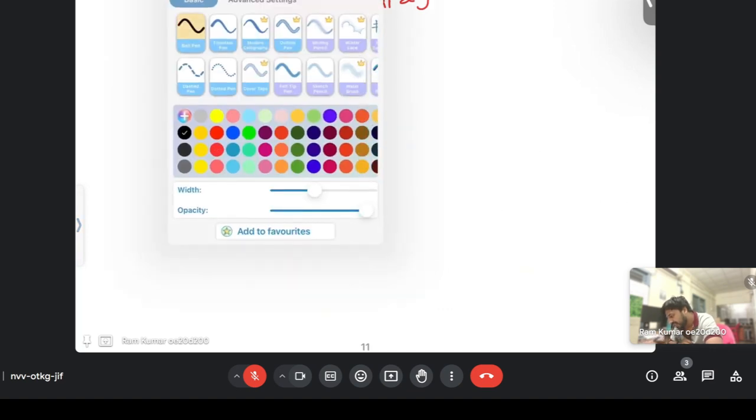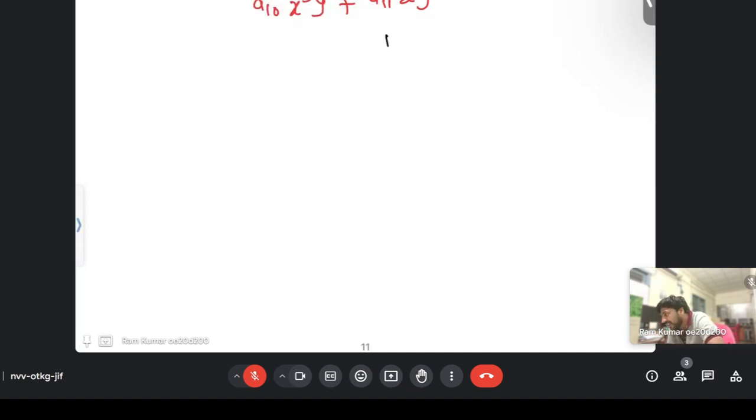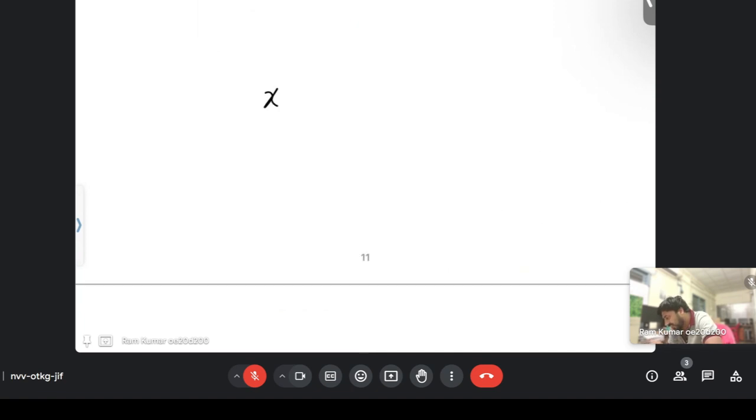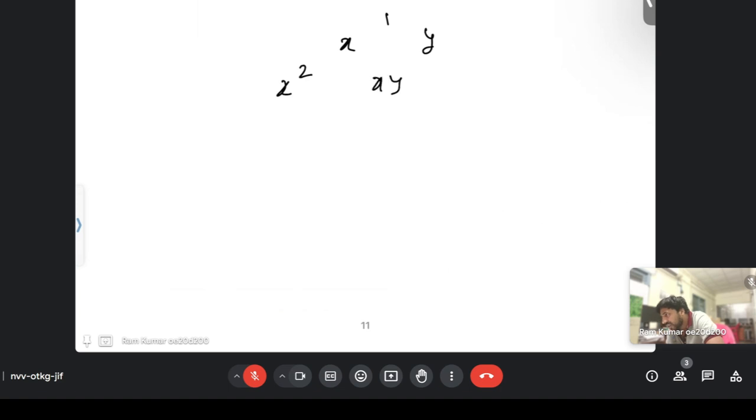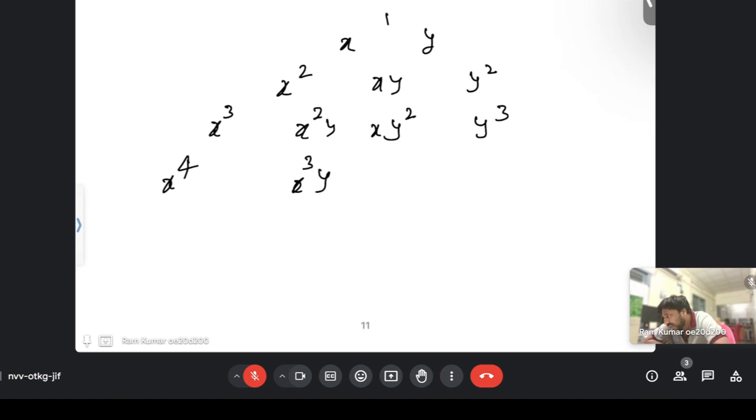We are writing it this way. If we start with 1, then x, y, then x square, xy, y square, then x cube, x square y, x y square, y cube, then x to the 4.